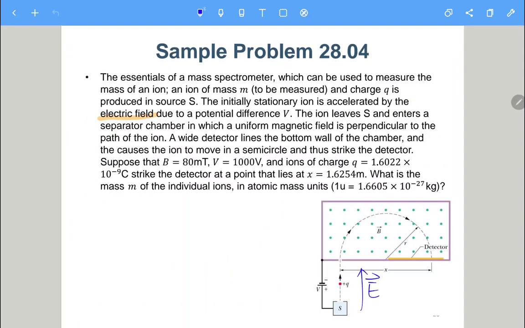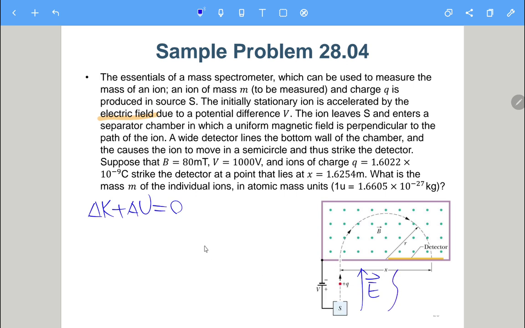Okay. So here we can consider delta K plus delta U equals 0, which means the mechanical energy is conserved, the conservation of mechanical energy. So the change of kinetic energy plus the change of the potential energy will be 0 for this part.